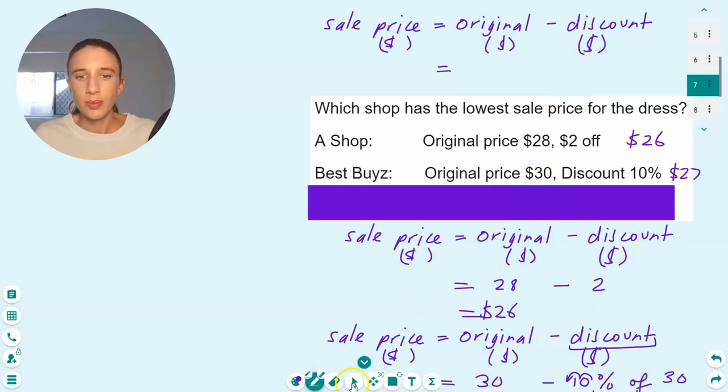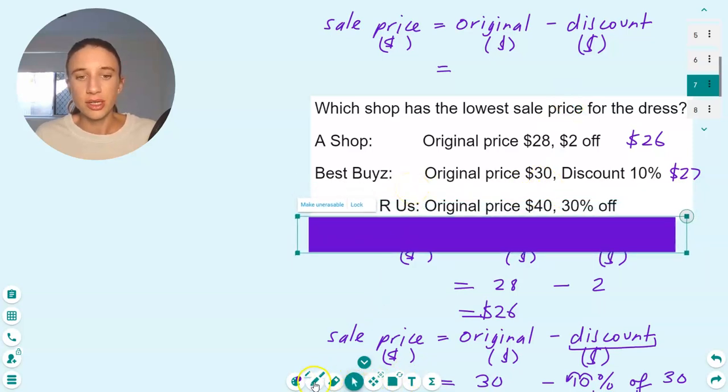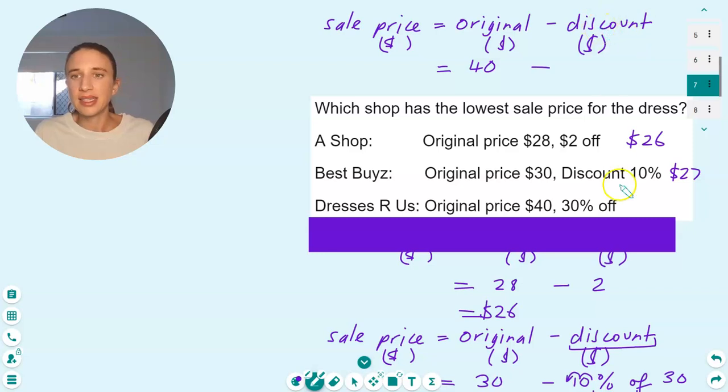So, okay, what's our next shop? Dresses R Us. Our original price for Dresses R Us is $40. Our discount is given as a percentage. So they're saying 30% off, which just means a 30% discount. So 30% of the original price.